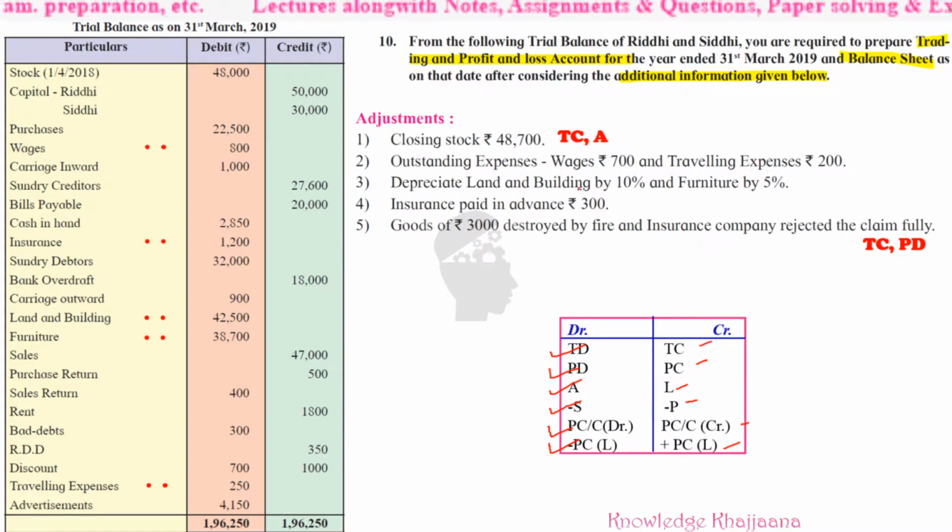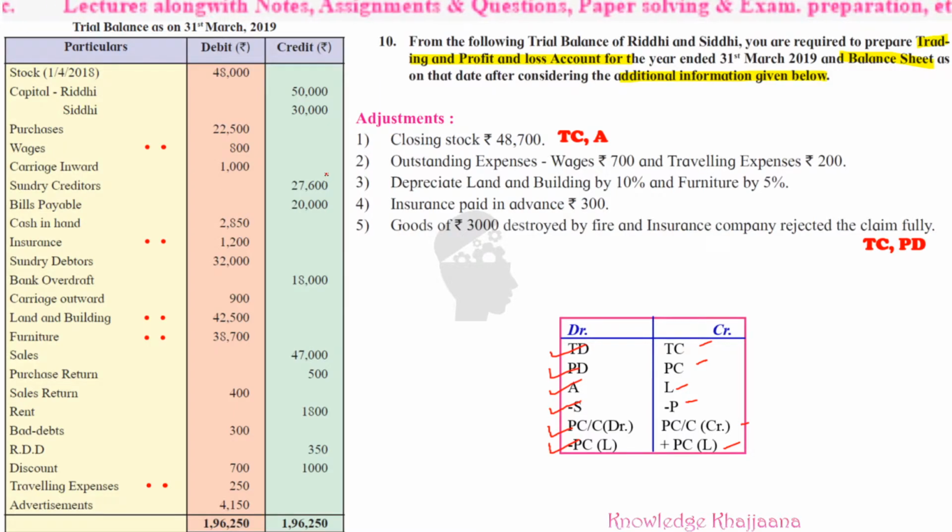Trading account debit side. So we will make 2 marks against wages. One mark for recording at the trading account debit side under wages, and as these are outstanding, meaning unpaid wages, those should be recorded to the liability, because they haven't paid it. So the other mark is for recording under the liabilities.